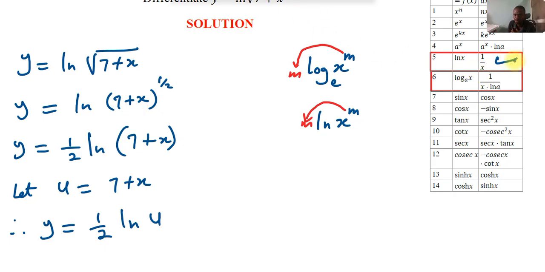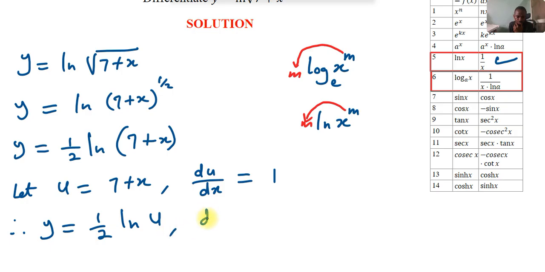We make use of that while we are differentiating y with respect to u. So let's take u with respect to x first. We have du/dx will be 1, because if you differentiate 7 as a constant it is 0, then if you differentiate x, that will be 1.